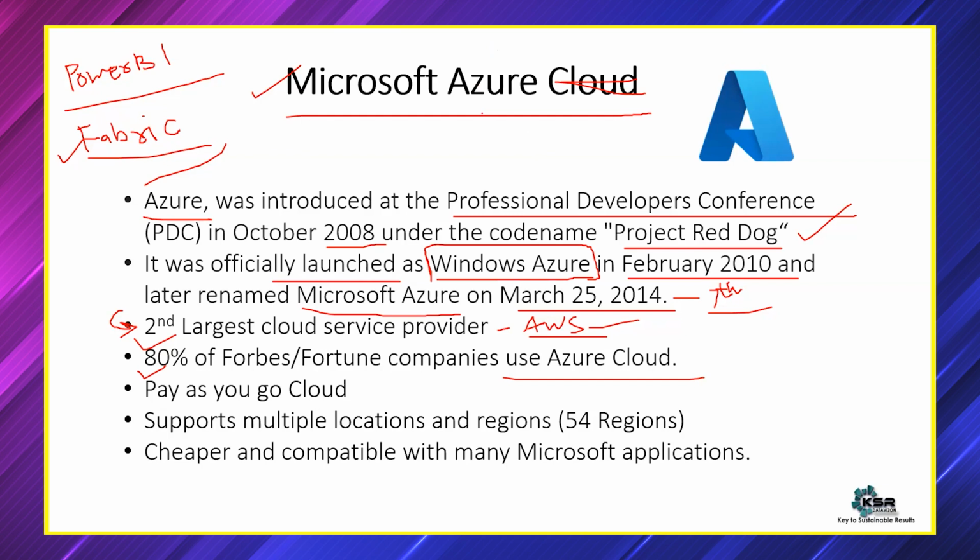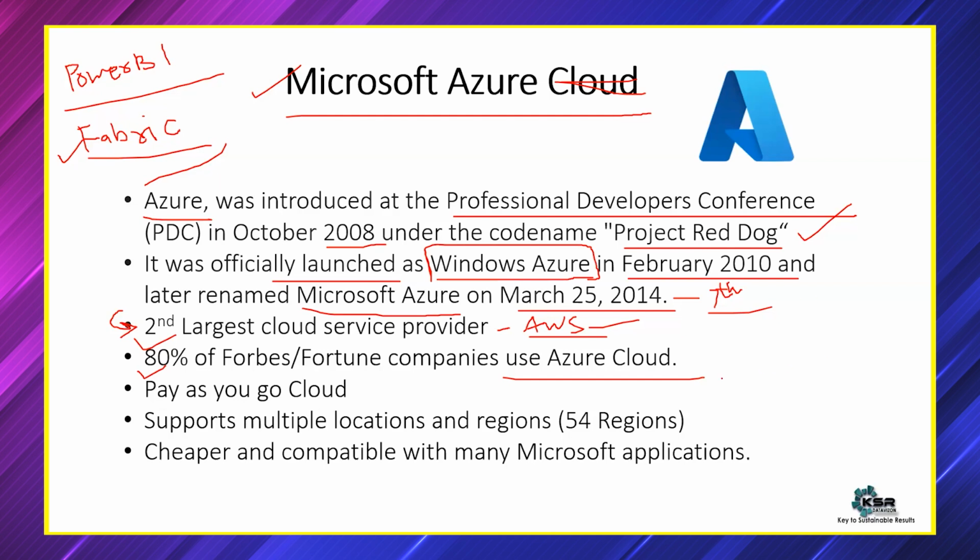These companies use a combination of both. They'll go with AWS, they'll go with Azure, or probably they'll also go with GCP. I'll only name these three because they are the market leaders. There are other cloud providers also, like Oracle and Salesforce. There are multiple cloud providers.